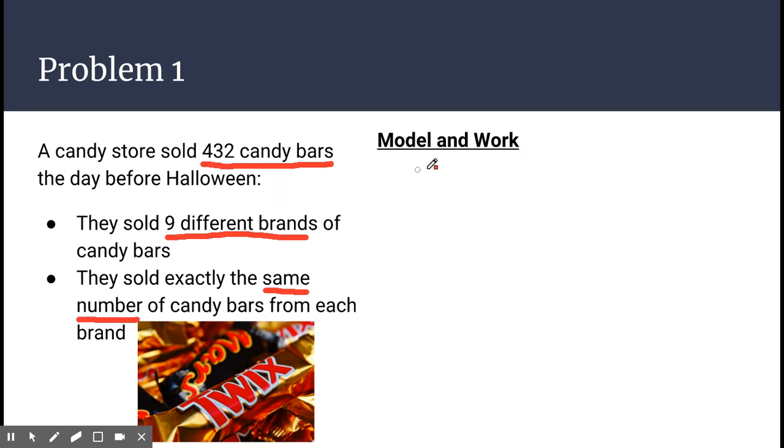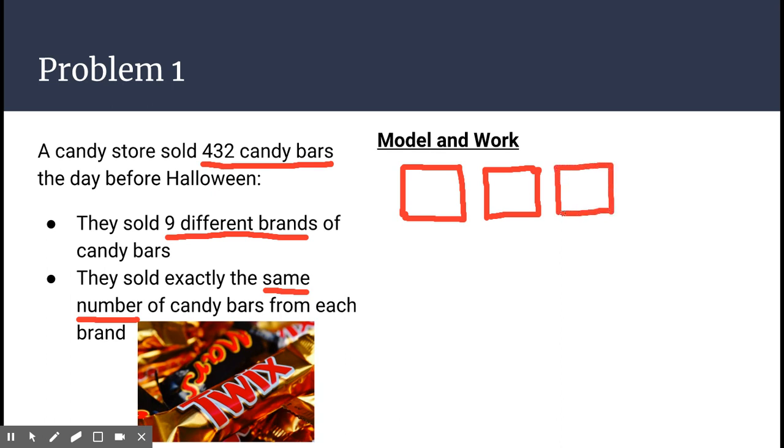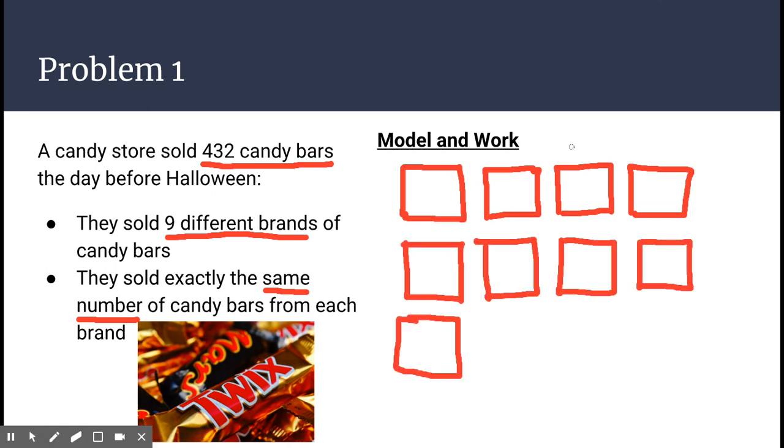And that makes me right away want to draw something. If I want to draw same size groups of candy bars, it looks like they sold 9 boxes of the same size of candy bars. Okay, so I've got my 9 boxes.